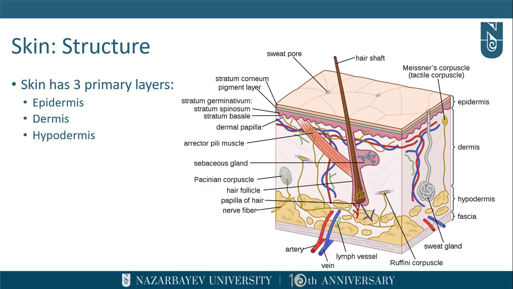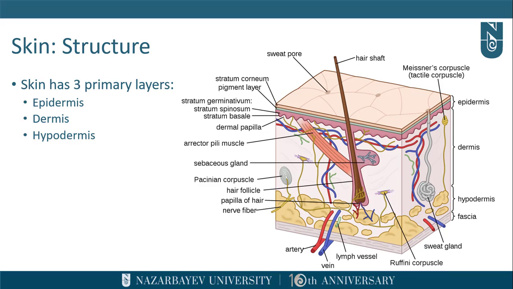In the topmost layer of skin, keratinocytes are dead, and they are regularly shed away and replaced by cells from the deeper layers. We also have melanocytes in the epidermis. Those are the cells that produce melanin pigment, which gives our hair and skin color, and it protects us from UV damage.